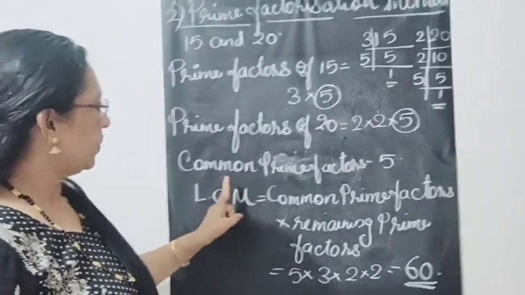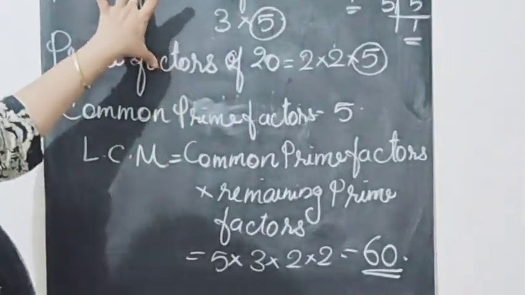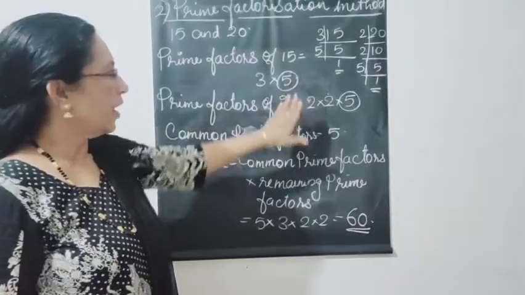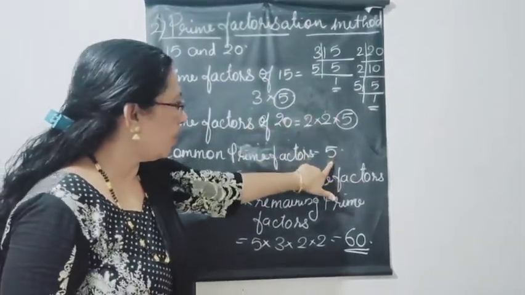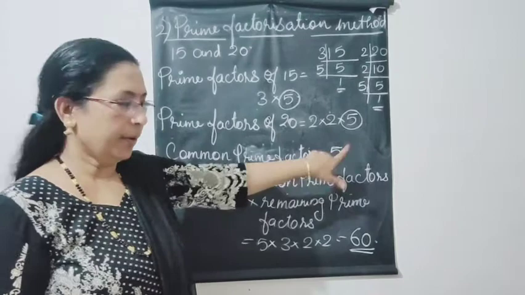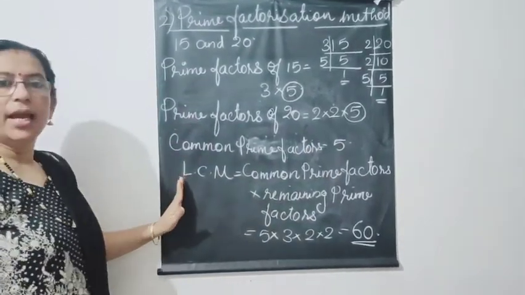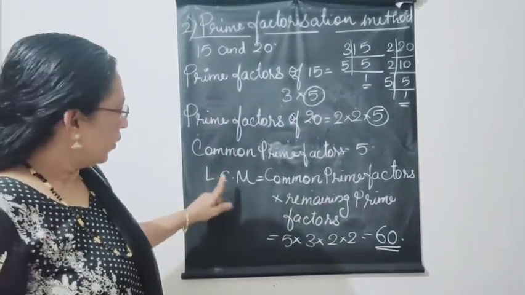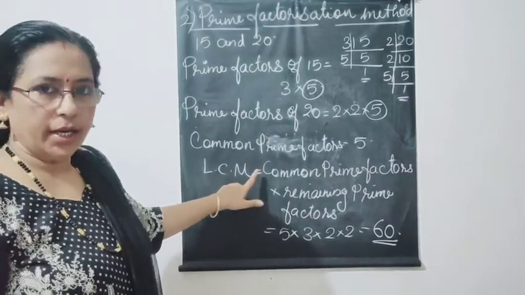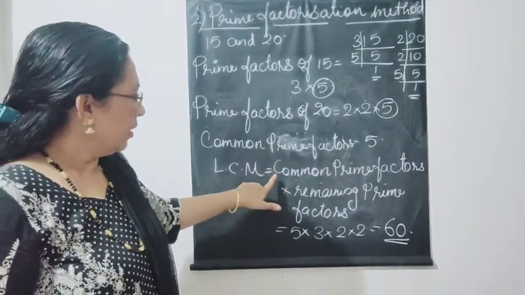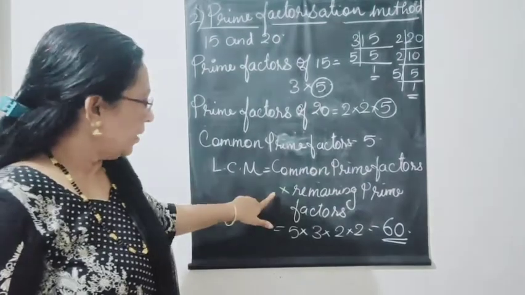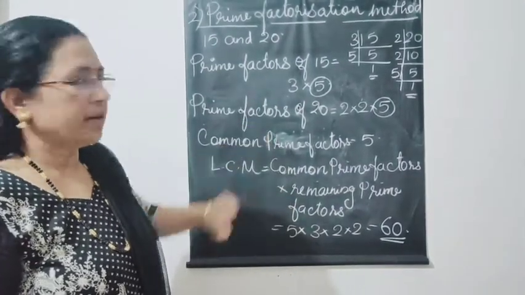Okay. Next step, common prime factors. Out of this, which is the common one? 5. Only one 5 is the common factor. Okay. Next, LCM. For LCM, you have to take care here. Take the common prime factor and multiply with the remaining prime factors.